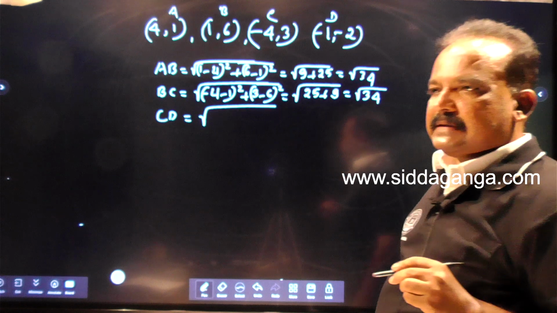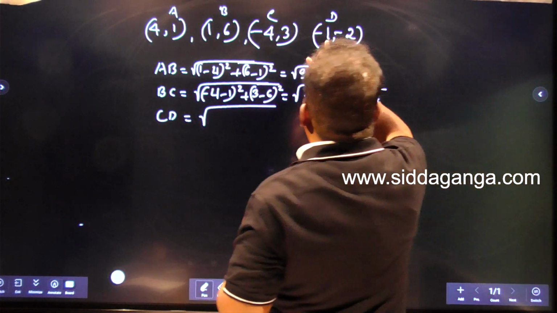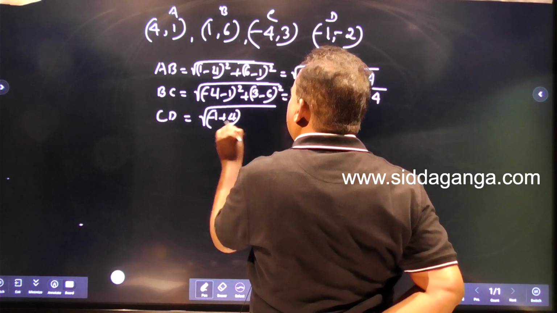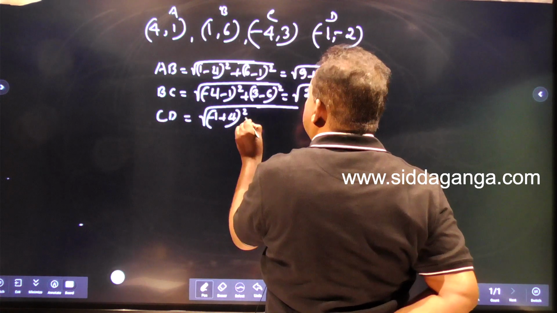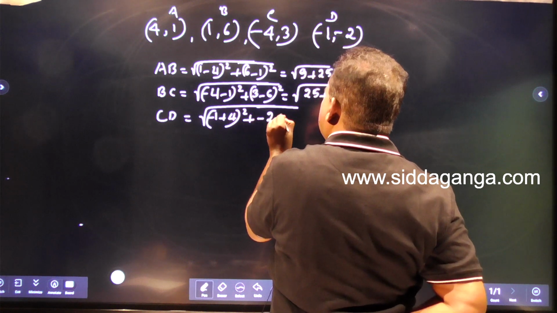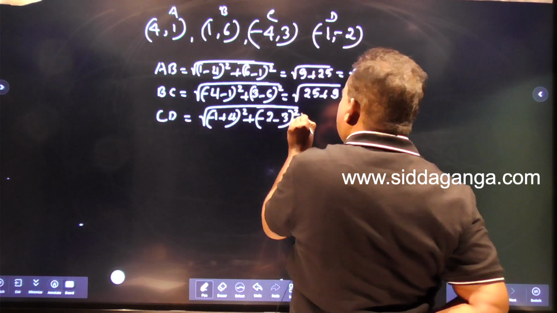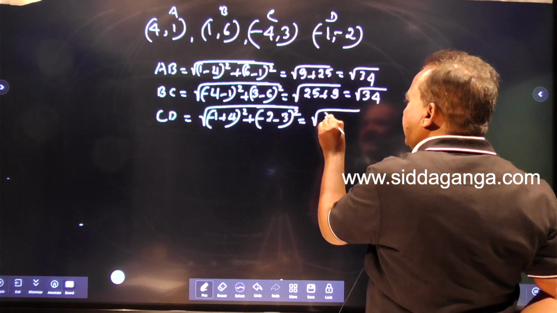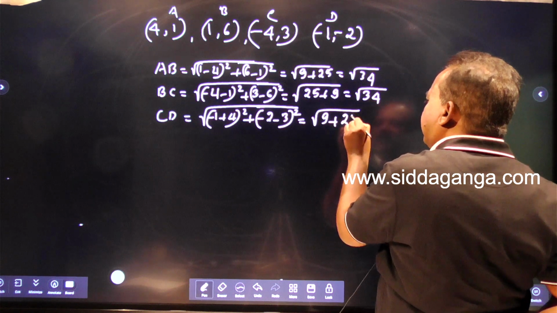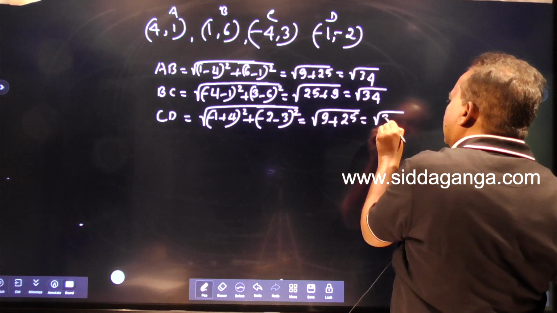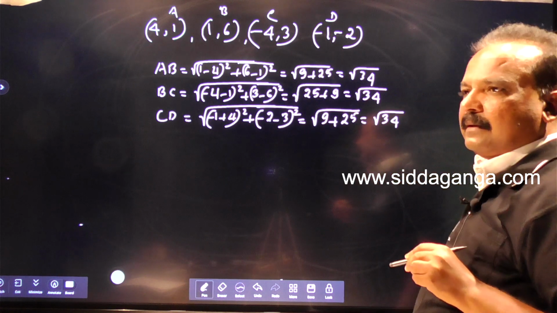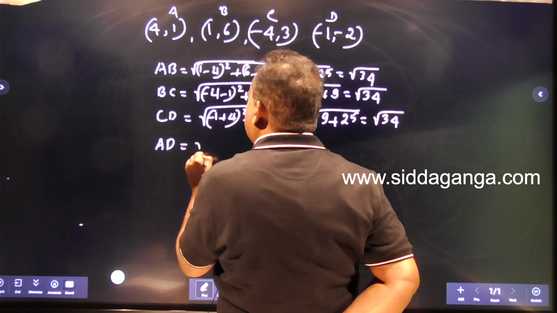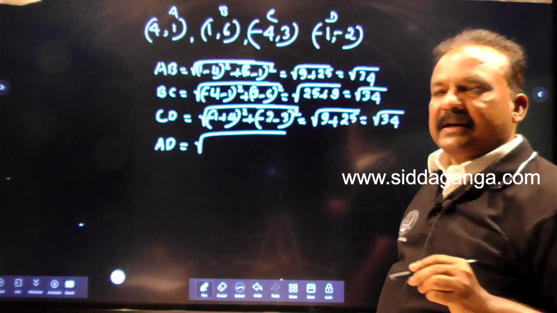Square root of CD. Minus 1 minus of minus 4 whole square plus minus 2 minus 3 whole square. 4 minus 1 is 3, square is 9. Minus 5 whole square is 25 plus 9. That gives you root 34. And then AD, the last distance. AD means the first vertex and the last vertex.